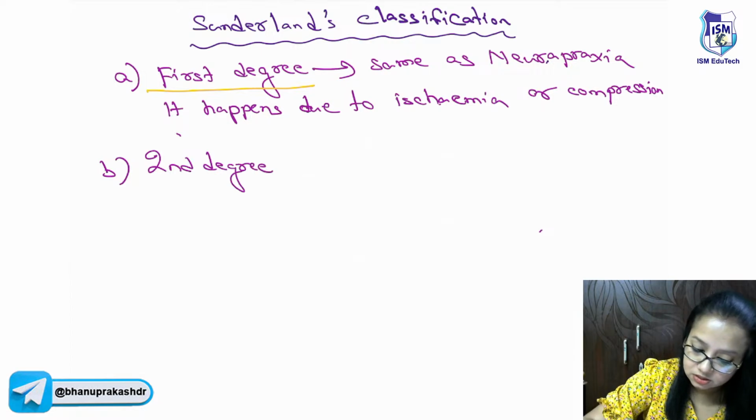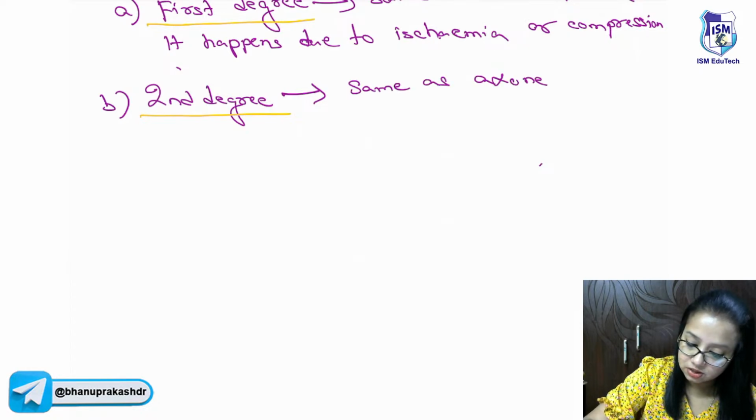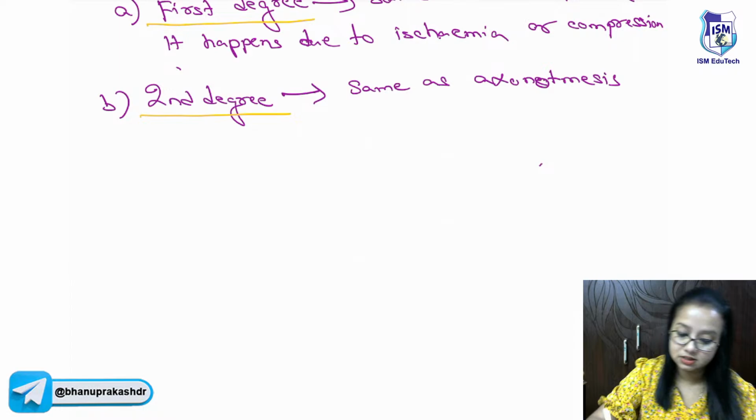Second degree. According to Sunderland, the second degree is the same as axonotmasis.